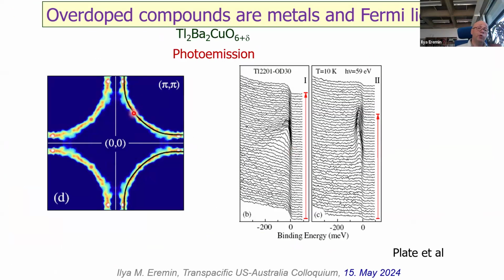Whereas if you go towards the underdoped region, you do not see a developed Fermi surface. Sometimes it's known under the name of Fermi arcs. That means that you have relatively well-defined quasi-particles around the diagonal of the Brillouin zone. But as soon as you go away, the spectral weight becomes eaten up.